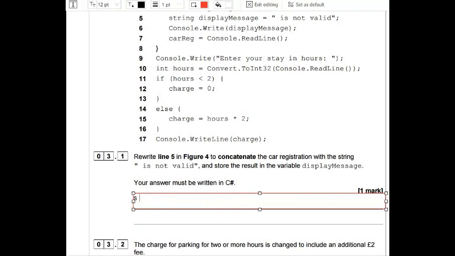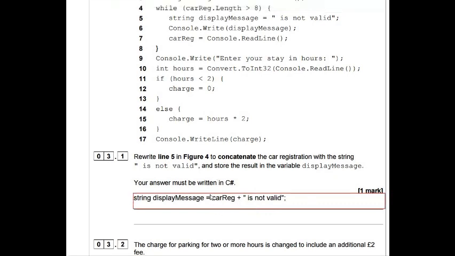So it would be string display message equals car reg plus is not valid. By using the plus in C#, when we're dealing with strings, is how we concatenate a string. Okay, so that is us altering line 5 in that code.